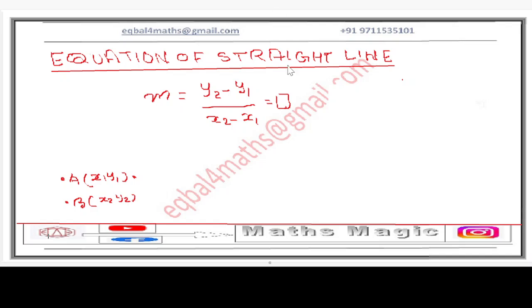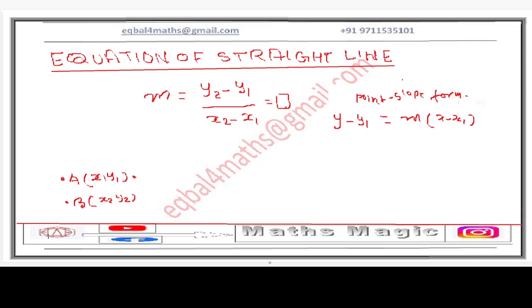I'll just write the format over here: y - y1 = m(x - x1). You simplify this and then you can find the equation of a straight line. This is called point-gradient form, or point-slope form, right?